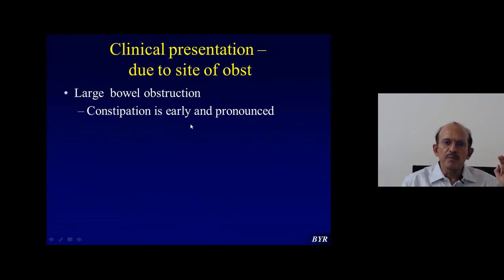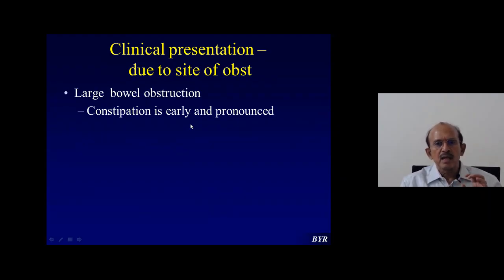What will happen in small bowel obstruction with regard to constipation? For example, jejunal obstruction. When the jejunum is obstructed, the ileum and colon below it contain food material, either partly digested, undigested, or not digested. All that gets the normal peristaltic activity and is discharged out.